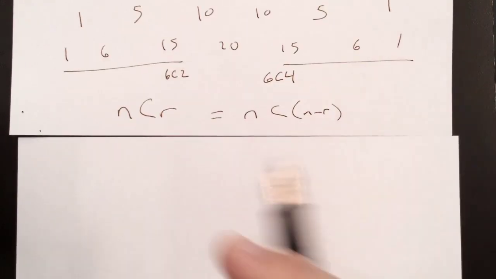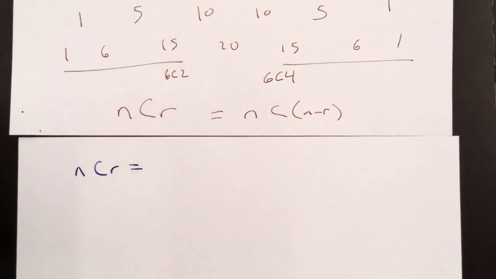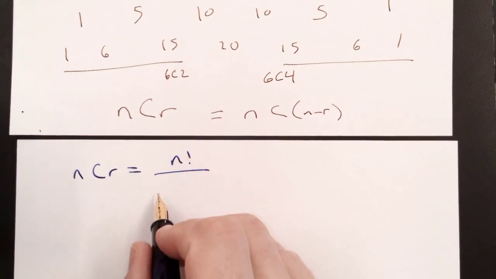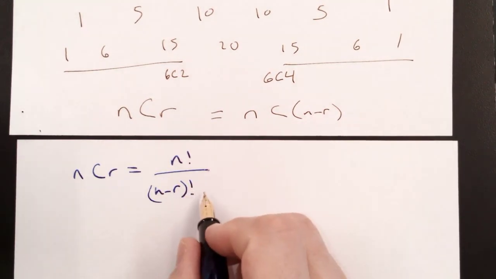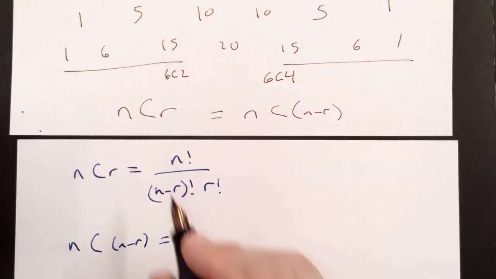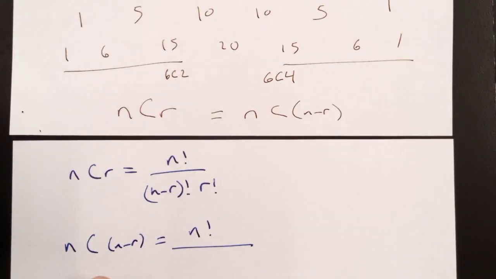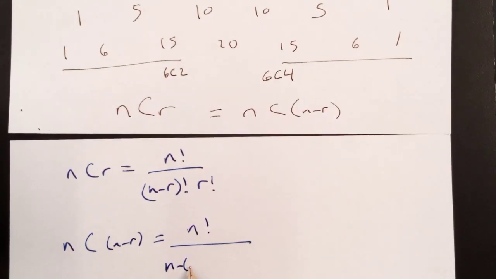What is the formula for NCR? N factorial over N minus R factorial times R factorial. And NC(N minus R) is N factorial over N minus R factorial, and then N minus (N minus R) factorial.